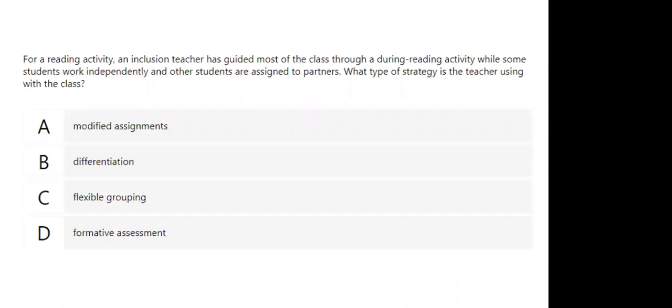For a reading activity, an inclusion teacher has guided most of the class through a during reading activity, while some students work independently and other students are assigned to partners. What type of strategy is the teacher using with the class?